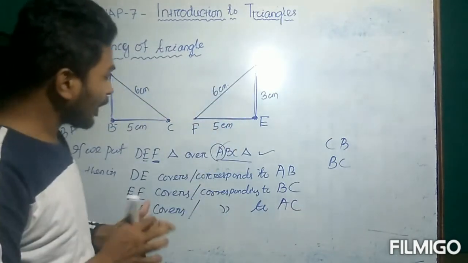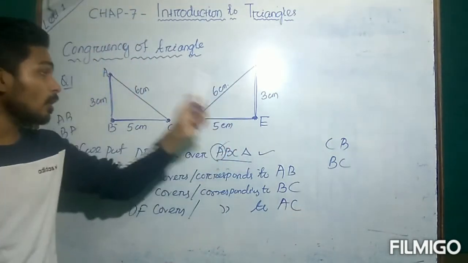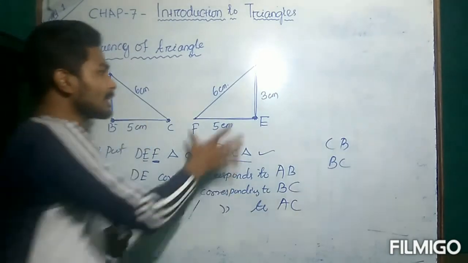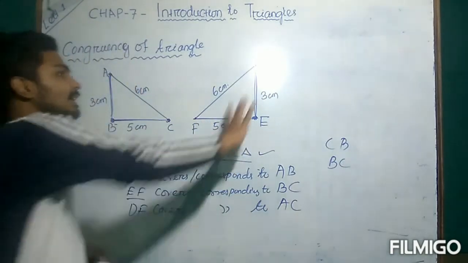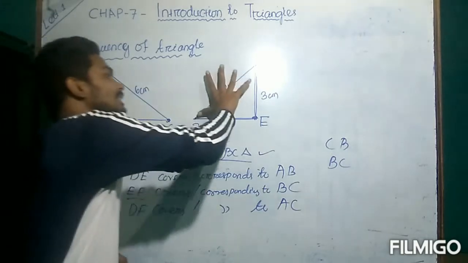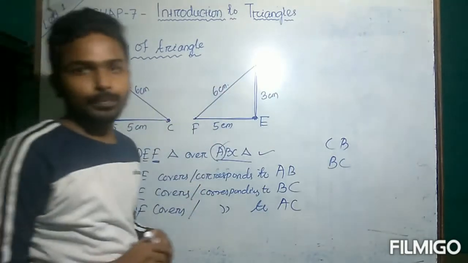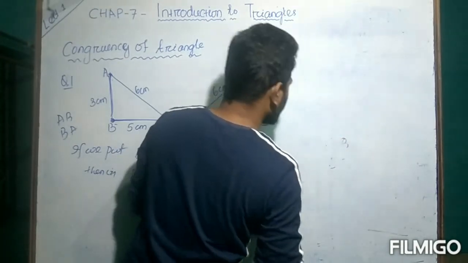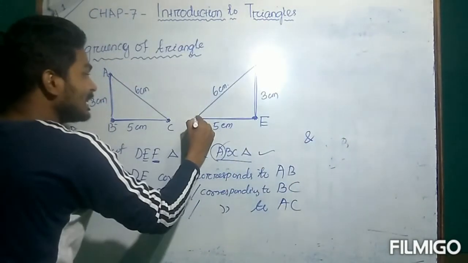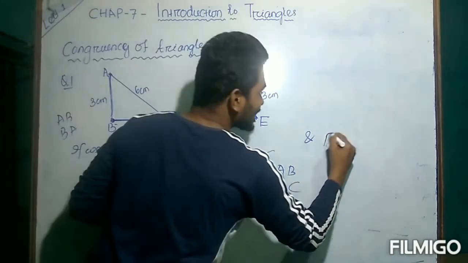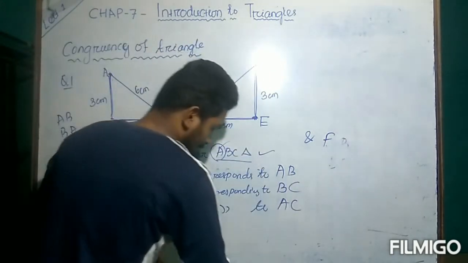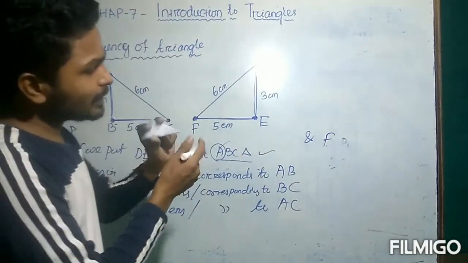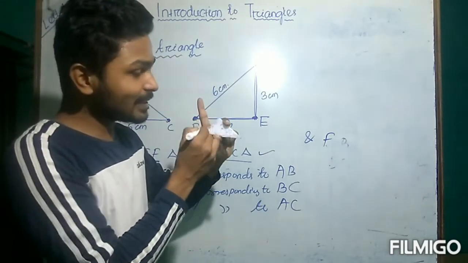So what we find? We find that whenever this triangle is put over this triangle, this side covers this side, this side covers this side, this side covers this side. And also this vertex F is covered by, suppose this is a vertex, this is a vertex, this is a vertex.